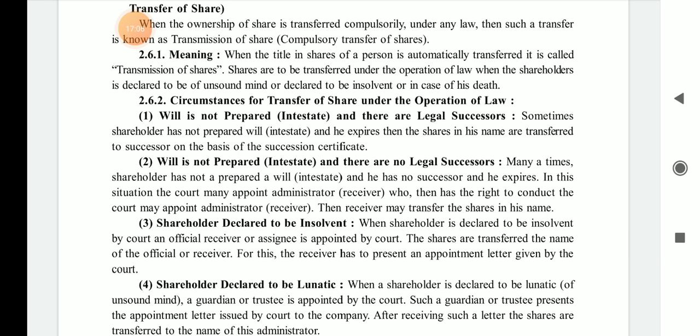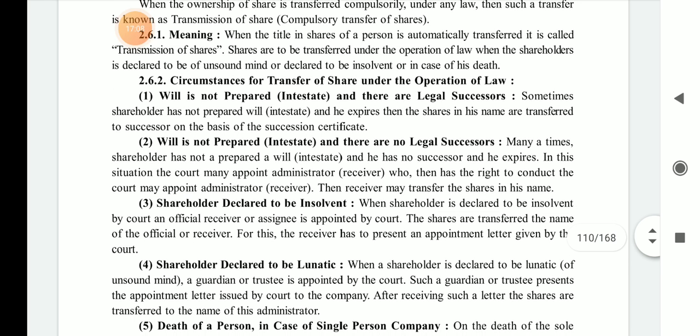At that time, what should be done? In this situation, the court may appoint an administrator or receiver. This is another name for the administrator, who then has the right to conduct.